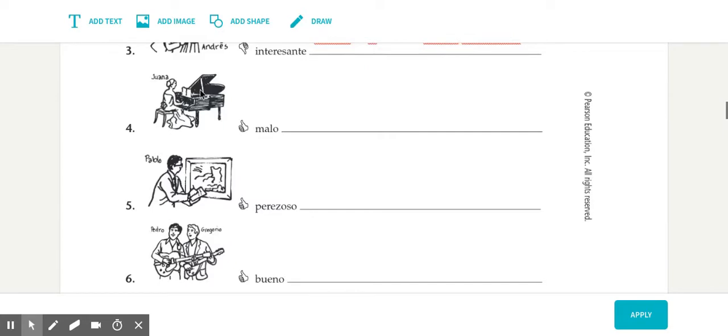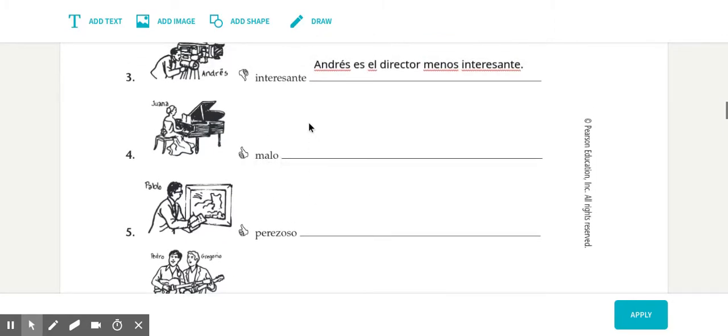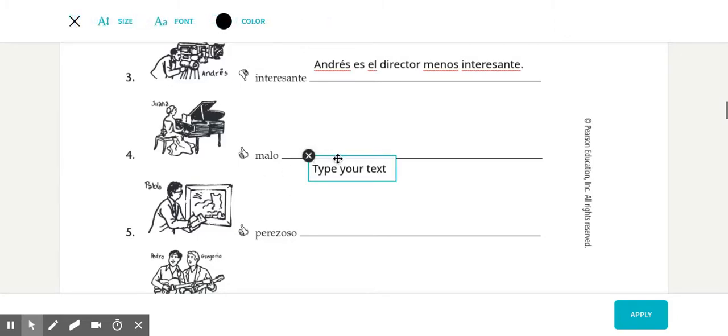Juana es pianista. All right. Now, we're going to go ahead and do this one because we have the word malo. Here in malo, you're going to see something interesting, right? Because we have the word bad. Well, in English, we don't say the most bad, correct? Okay, so we're going to say Juana es la pianista.